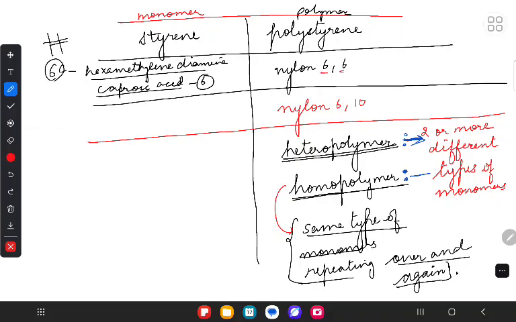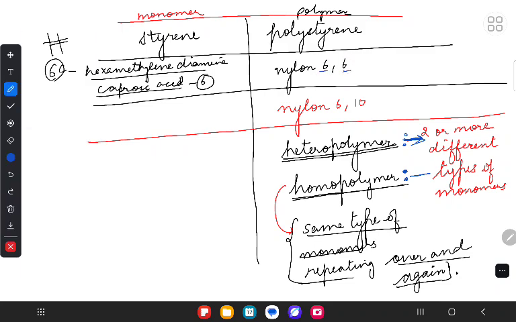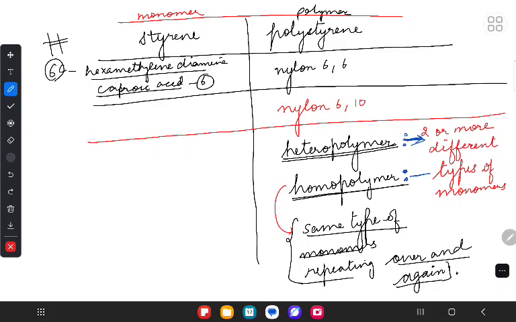So these numbers represent that if you have two monomers, both of them will have 6 carbons in them. Understood or no? Any doubts?